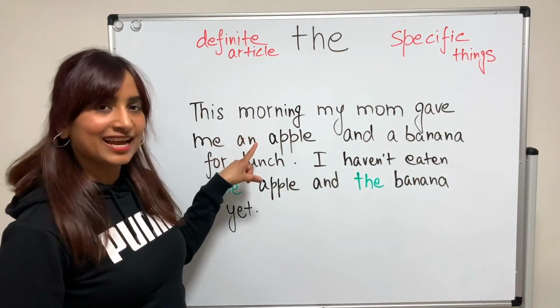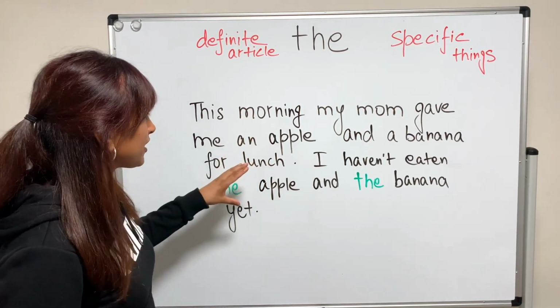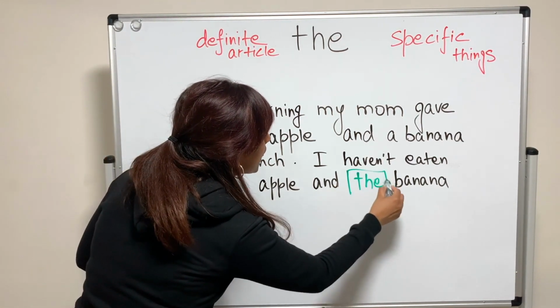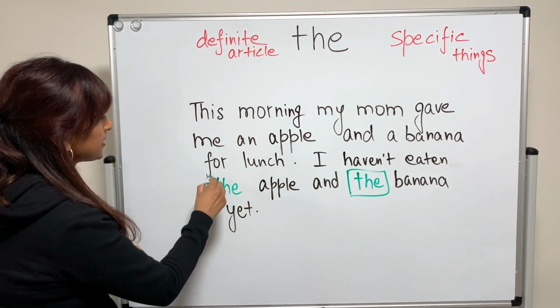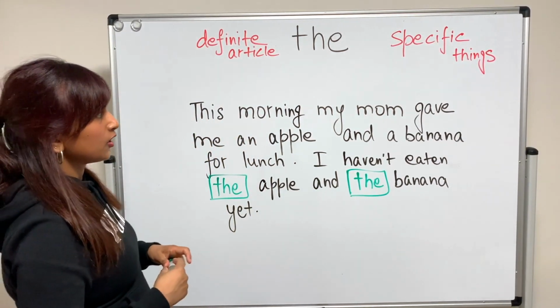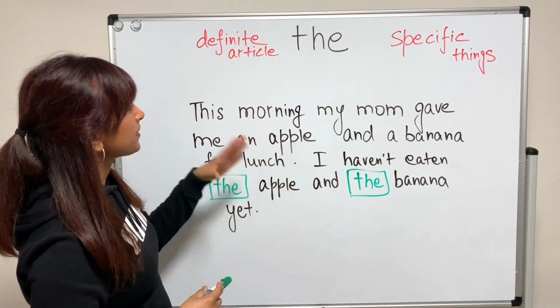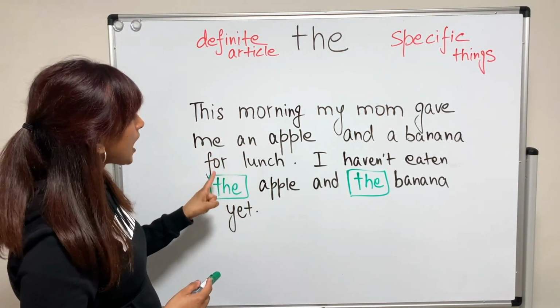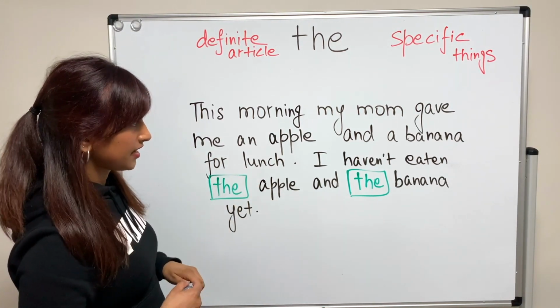Do you remember this example? Now let me show you here something. I'm using the banana and the apple. So I'm saying this morning my mom gave me an apple and a banana for lunch. I haven't eaten the apple and the banana yet.